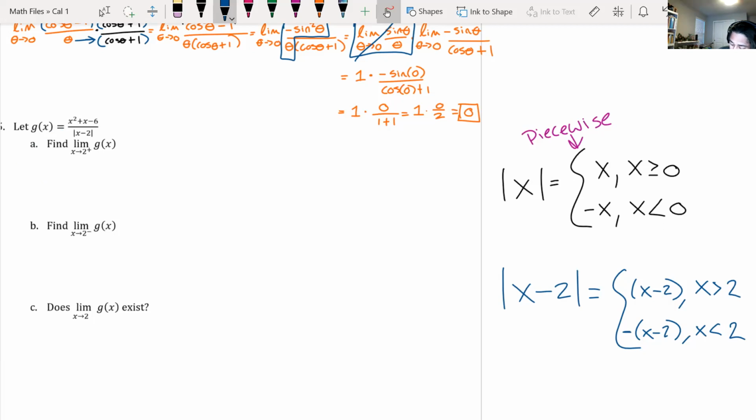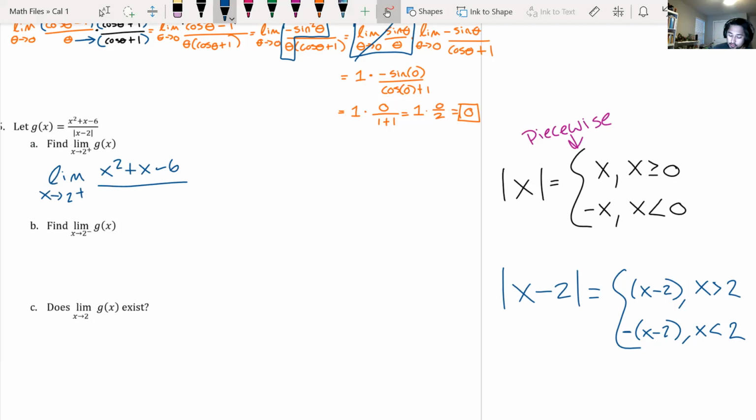So let me just go ahead and rewrite this. It says, find the limit as x approaches 2 from the right of x squared plus x minus 6 over, and I'm not going to fill in the denominator just yet, because here is where we are going to connect a limit to a piecewise function.